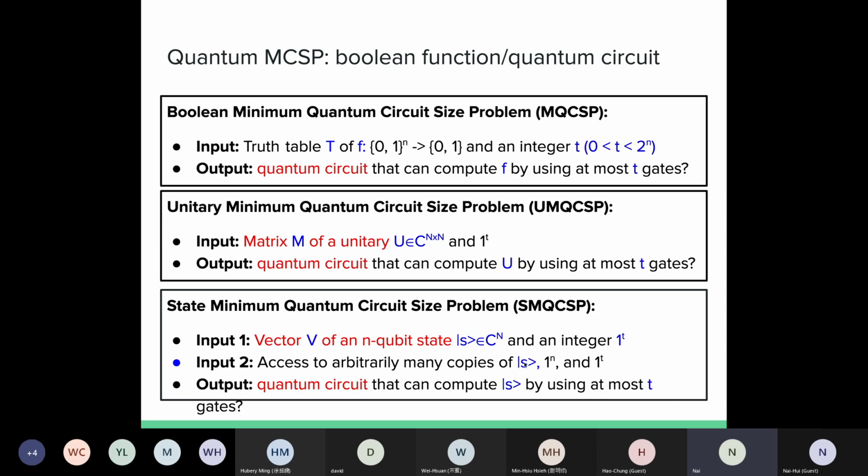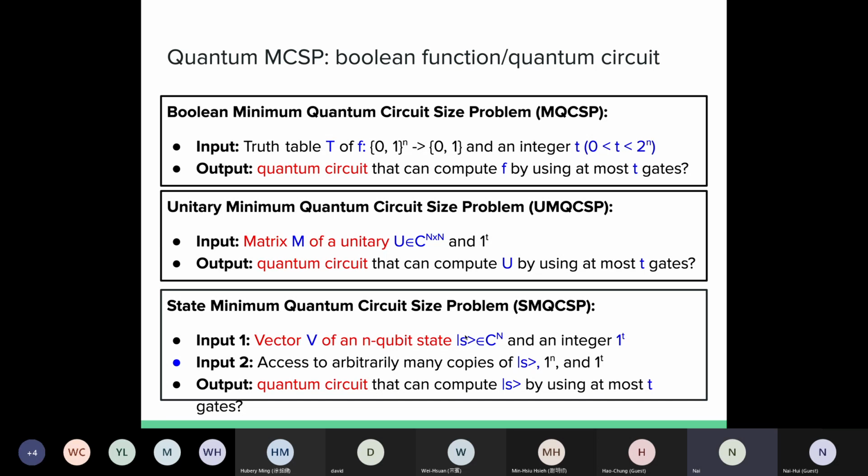Like you have a pool with many quantum states there, and when you want to use one, you just get one from the pool. You are also given n and t. The question is whether there is a quantum circuit that can compute this quantum state by using at most T gates. So these are the 3 main problems we are considering in this paper.